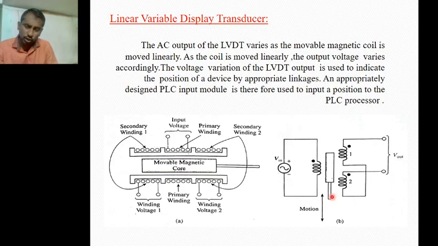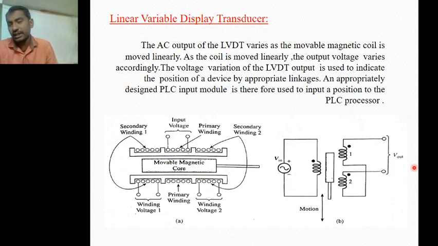As we keep moving the core, the secondary voltage also changes. That means the movement of the core generates the voltage, so the displacement is converted into an electrical signal. One non-electrical quantity, displacement, is converted into an electrical quantity, voltage.